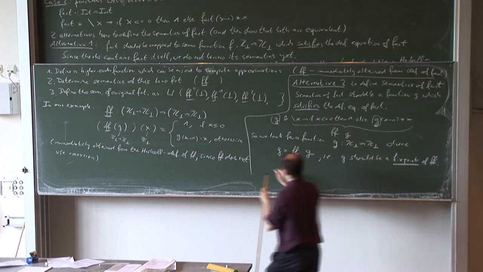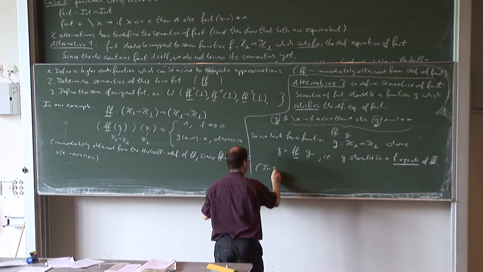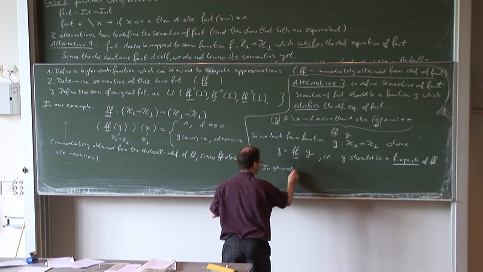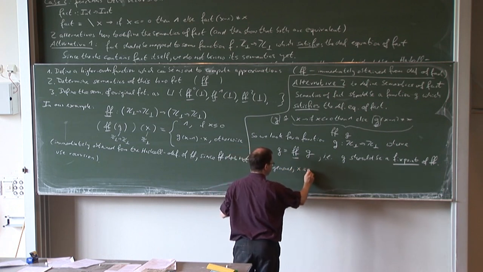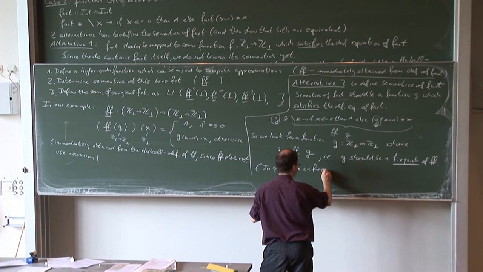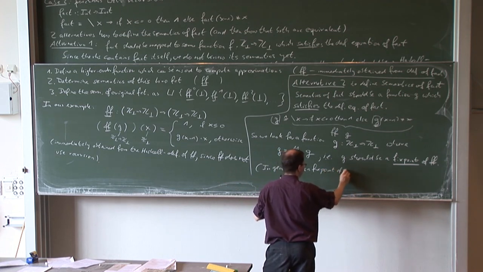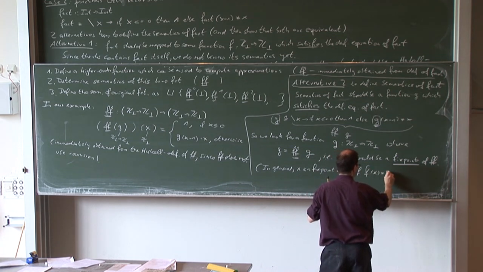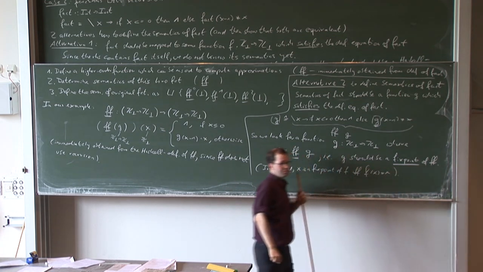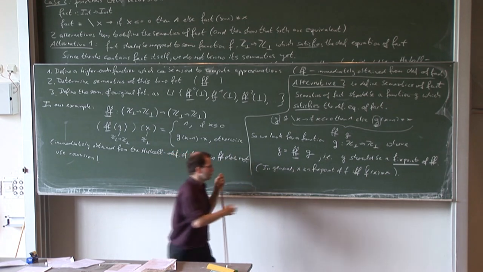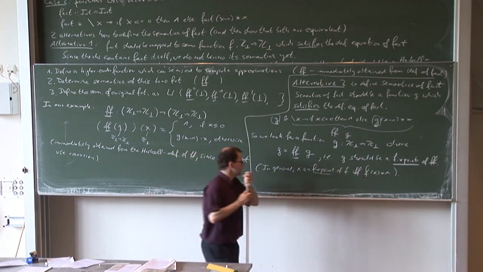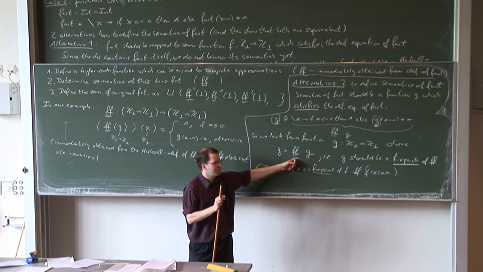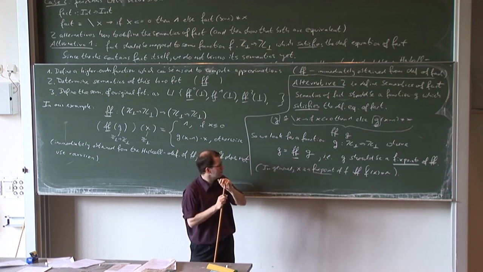So in general, x is a fixed point of a function f if and only if f of x equals x. So this is the notion of fixed point. And here we want that g is a fixed point of this higher order function that we get from the definition of fact.